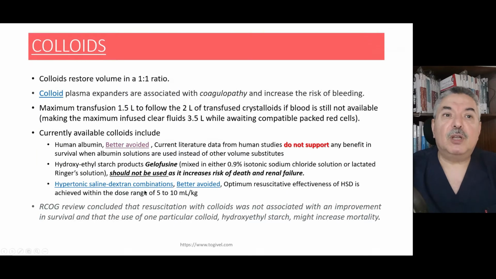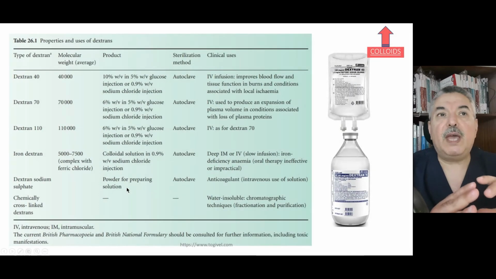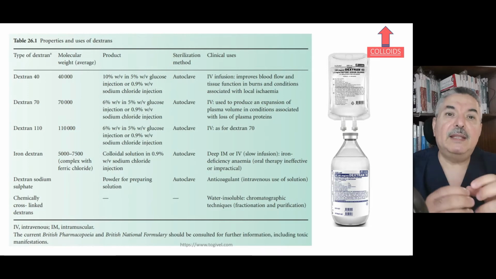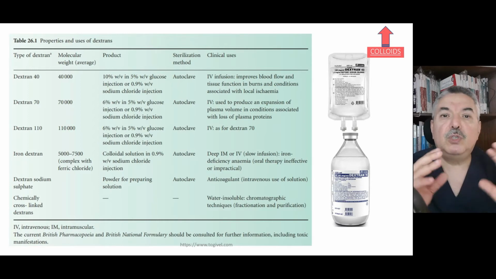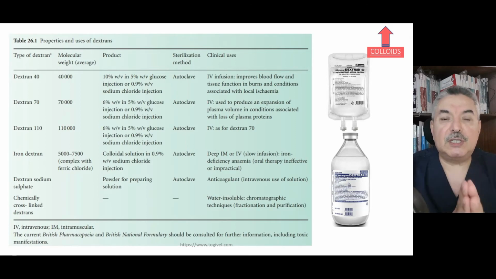And then the hypertonic saline dextran combinations, these also are better avoided. We have dextran 40, dextran 70 and dextran 110, and this refers to the molecular weight. What we use in shock are the large molecular weight dextrans, which will stay in the circulation. So we use dextran 70 or dextran 110. We don't use dextran 40.